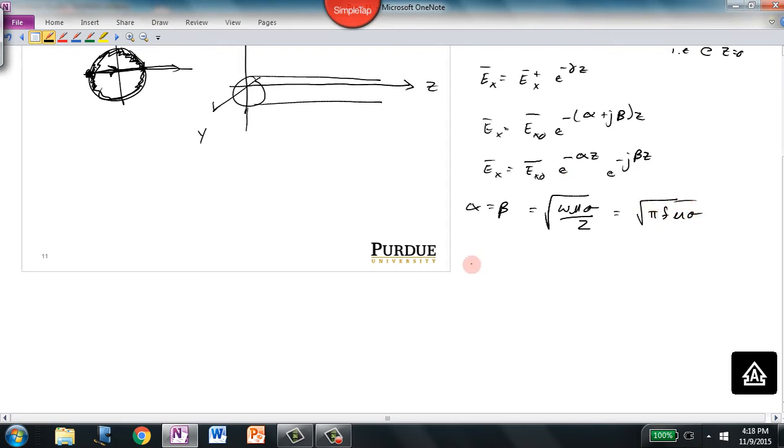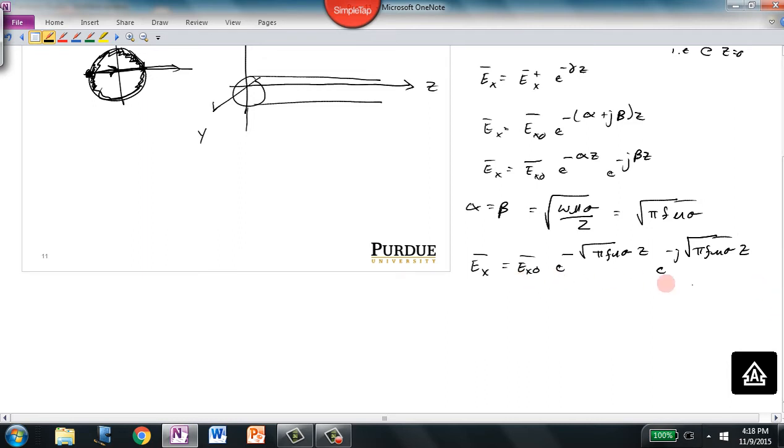And plug that into that equation right there. You'll get Ex bar is equal to, whatever the initial value is, e to the minus root pi f mu sigma z, e to the minus j root pi f mu sigma z. Right. So that's the wave.